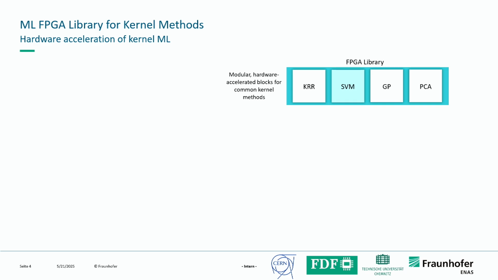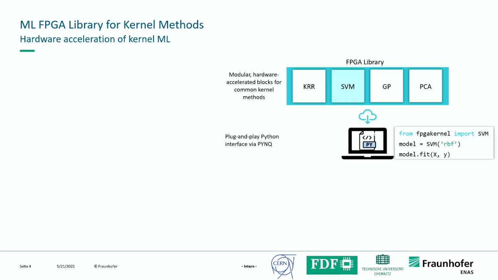But then our idea is to have an FPGA library that contains some of the most famous kernel methods, for example, kernel ridge regression, support vector machines, Gaussian processes, and principal component analysis. Then a machine learning scientist can just import these libraries, or whichever one he wants, and run them as he would on any computer, in any Python IDE, for example, in Jupyter Notebook.